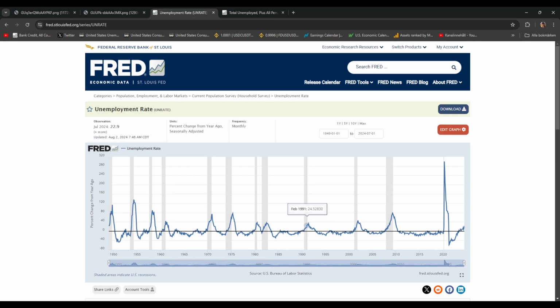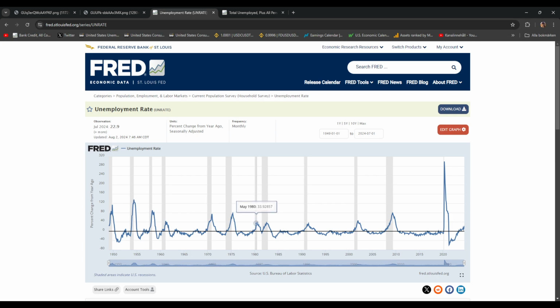February 1991. There's gray bars here. Shaded areas indicate US recessions, as you can see right here. Every single time there's a gray bar when you're up this much. March 1982, in the middle of the 1982 recession. What about the 1980 recession?